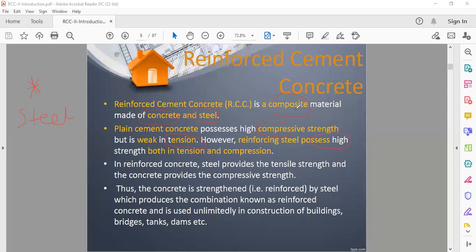You know that concrete is good in compression, but since it was weaker in tension, you have provided steel to it. Now it is good in tension and in compression as well. In reinforced concrete, steel provides the tensile strength, while the concrete provides the compressive strength.